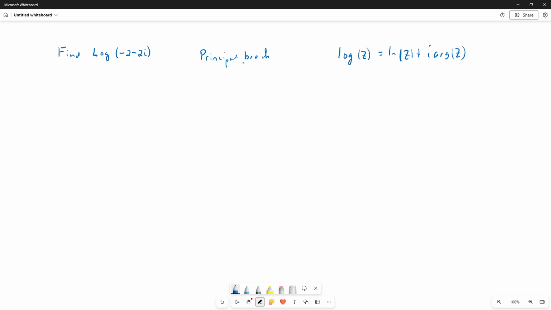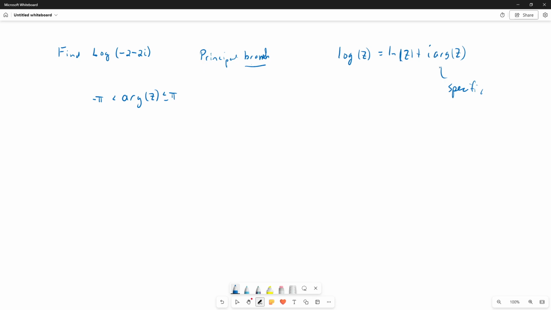So when we pick a branch of the logarithm, we're going to pick a specific argument. So when we use capital L, that's the principal branch, and that means simply that we're going to choose the argument of the complex number to be in the interval from negative pi to pi.